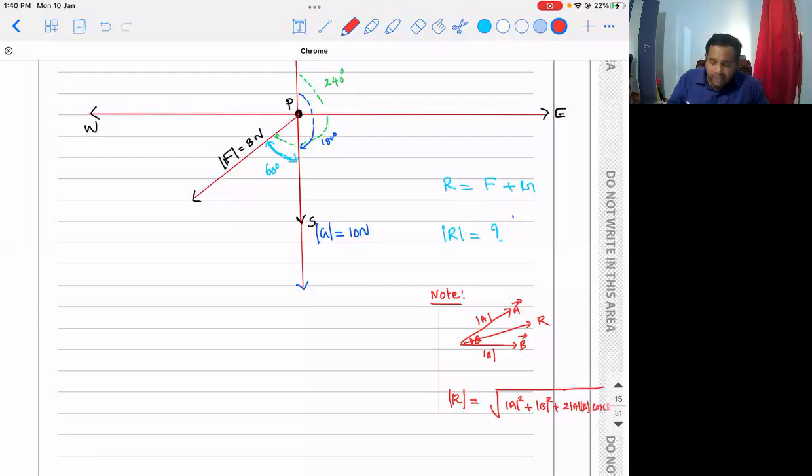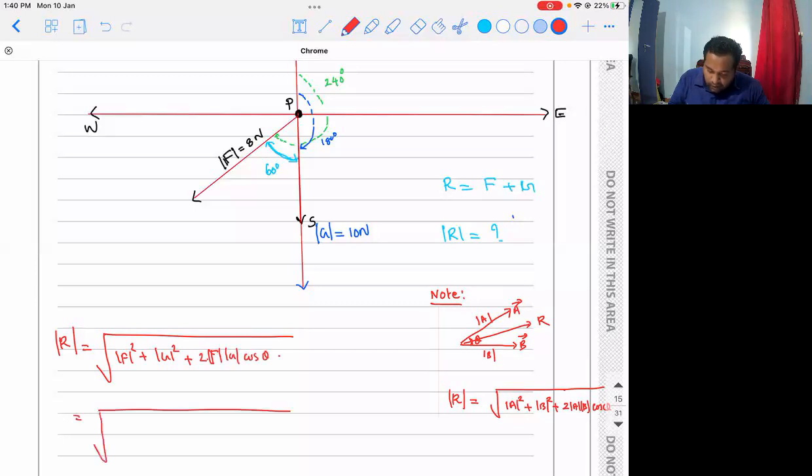The same thing works here. So modulus of R is equal to root of modulus of F square plus modulus of G square plus 2 times modulus of F modulus of G cos theta, and that is equal to root of 8 square plus 10 square plus 2 times 8 times 10 cos 60.